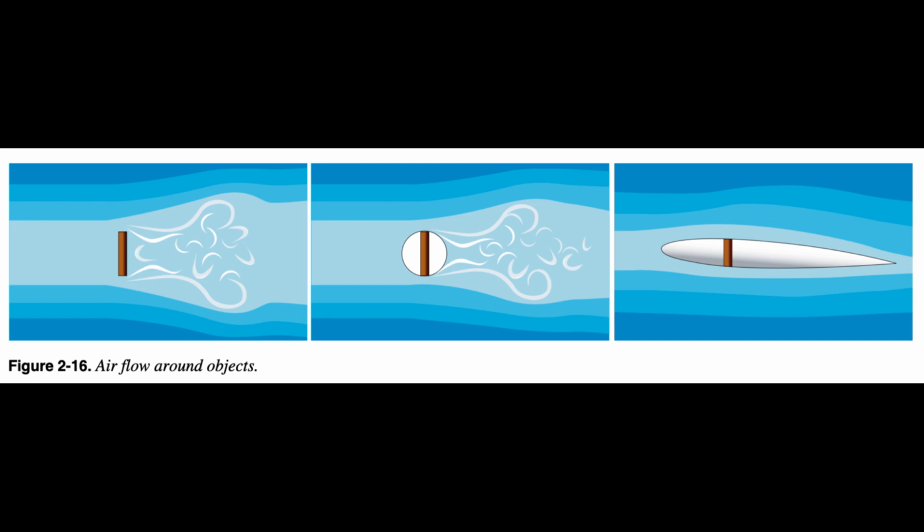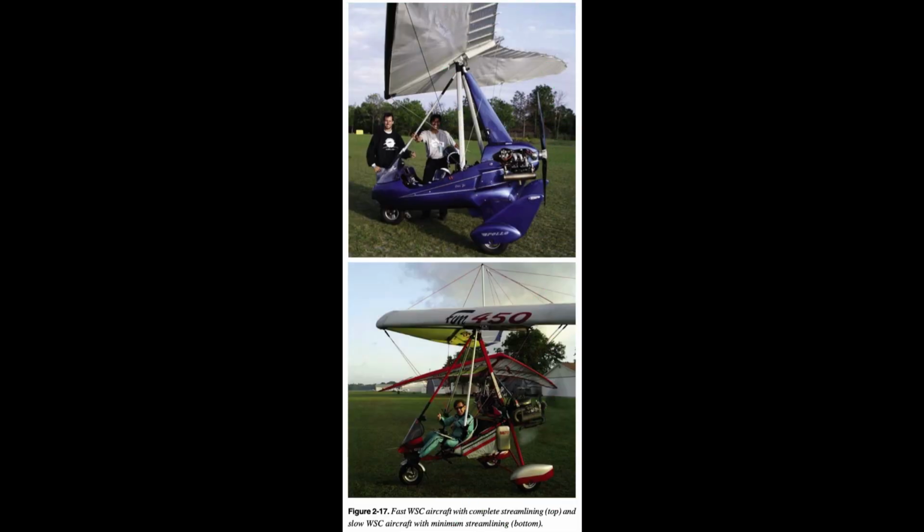Streamlining does make a noticeable difference in the speed and gas mileage of the WSC, especially for the faster aircraft. Figure 2.16. With the large speed range of WSC aircraft, weight, complexity, amount and expense of streamlining and resultant drag reduction are determined by the specific mission for the aircraft and the manufacturer's make and model.